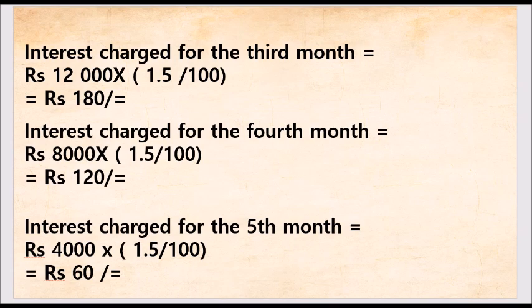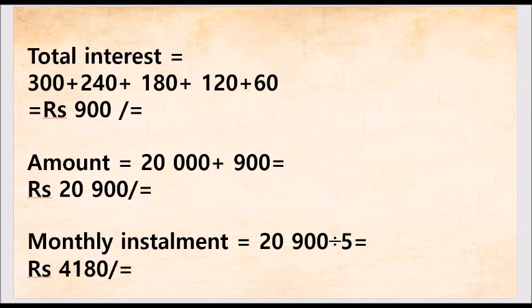I think you have got it, there are 5 times we have calculated the interest for this question. So finally you have to get the total interest by adding all the interest from the previous 5 months: 300, 240, 180, 120 and 60. Final answer is 900 rupees.